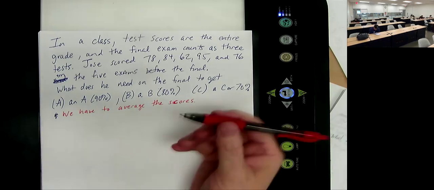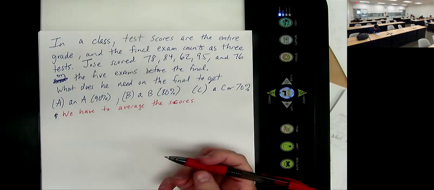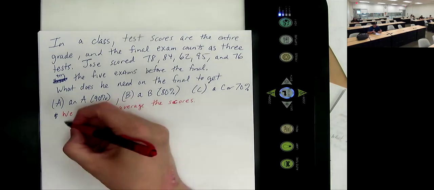So if the final exam counts as 3 test scores, how many total test scores are there?